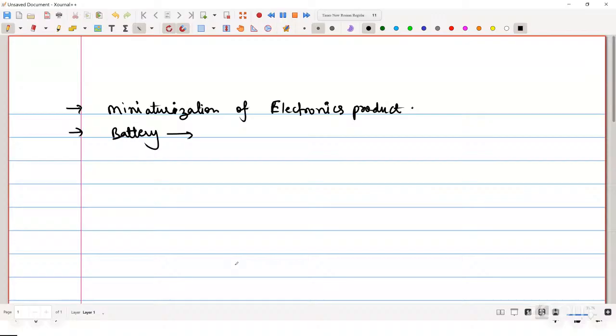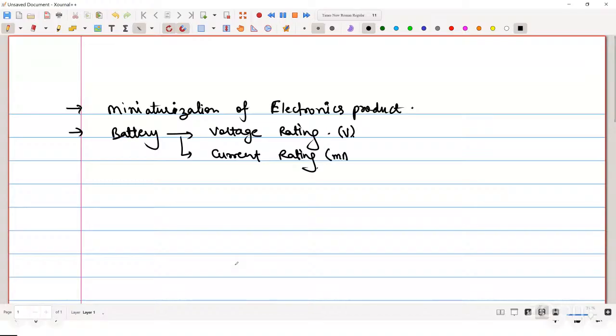One is the voltage rating of the battery. The second important parameter is the current rating. Voltage rating is given in volts, whereas the current rating is given in milliampere hour.